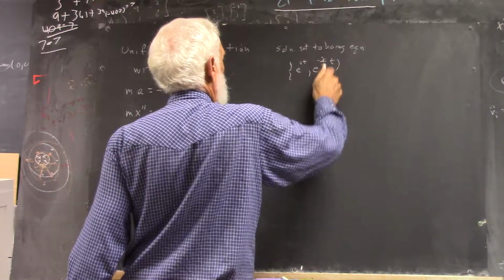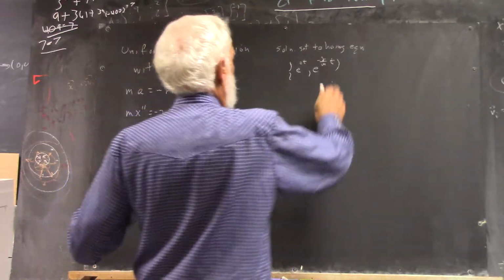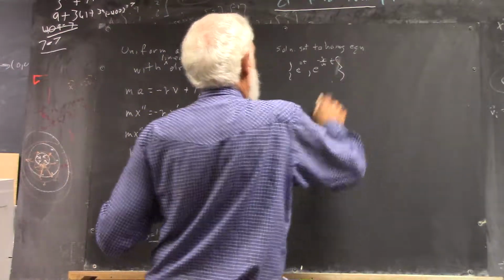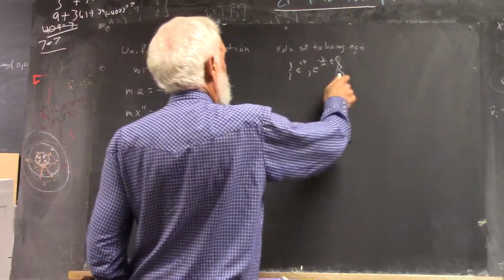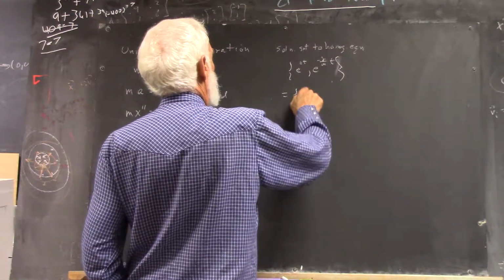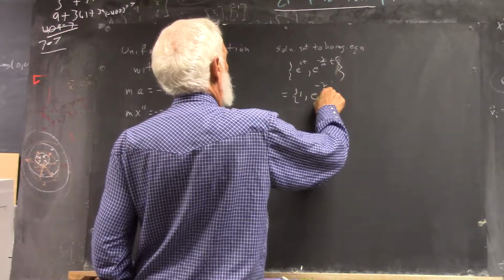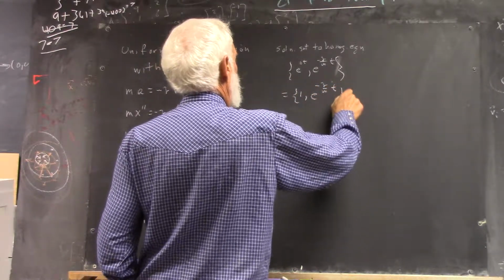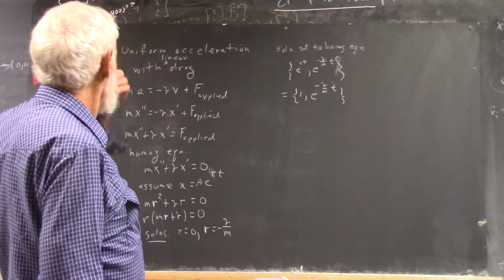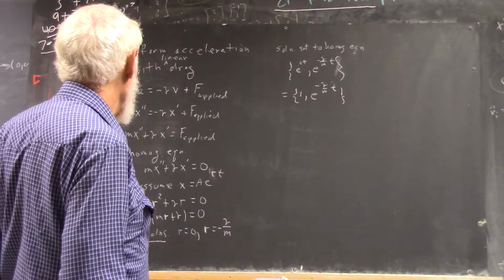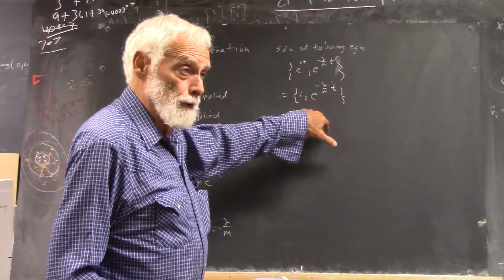I promised to loop in my gamma. And that's not a parenthesis, it's a brace. Which is just 1, e to the negative gamma over m t. So that's our homogeneous solution.